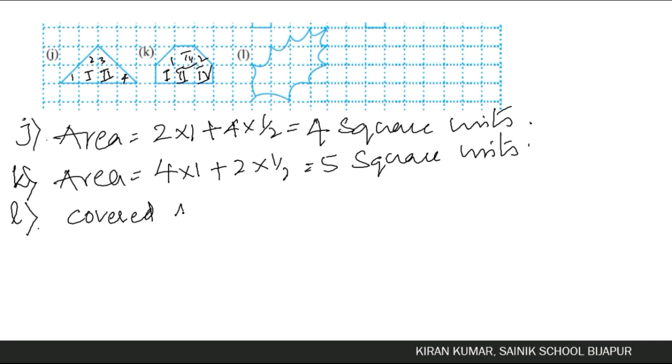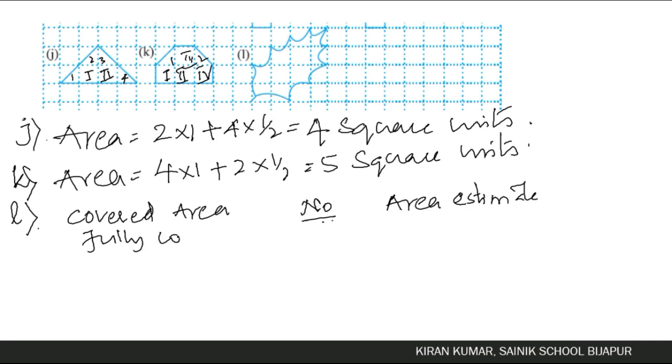I'll mention covered area, how many numbers, and area estimate in terms of square units. Here fully covered, how many fully filled squares? How many are there which are fully filled here? 1, 2, there are only 2 fully filled. So the area will be 2 square units for that particular fully filled.